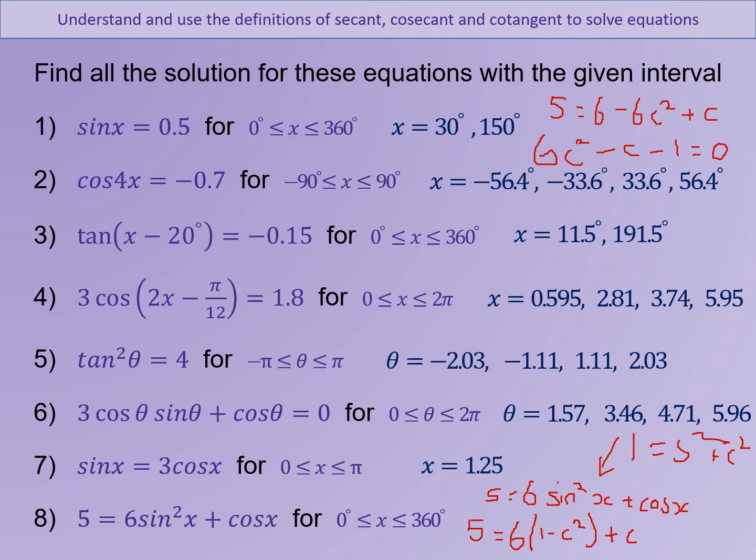Okay, so I've got that answer just there. Now if I do that, then what I'm going to end up with is something I can now factorize. So I'm thinking of two numbers that times together to make -1, but I've got to make 6. The only way to make 6 will probably be 3 and 2.